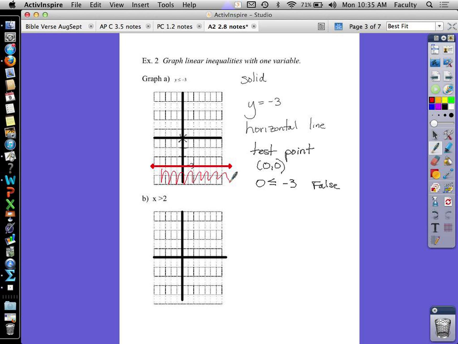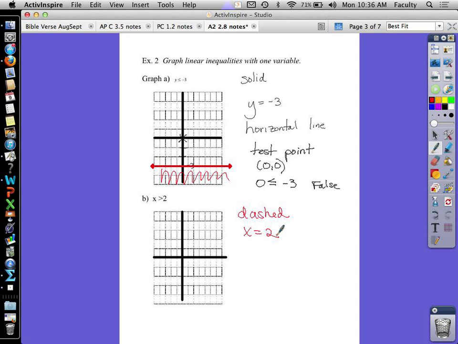All right, letter B, x is greater than 2. So Andrew, what is step 1? Determine whether it's a straight line or not. Okay, solid or dashed. So Zach, is this solid or dashed? It is dashed. Okay. Carmel, what is step 2? Change the inequality symbol to an equal and graph the boundary line. Awesome.